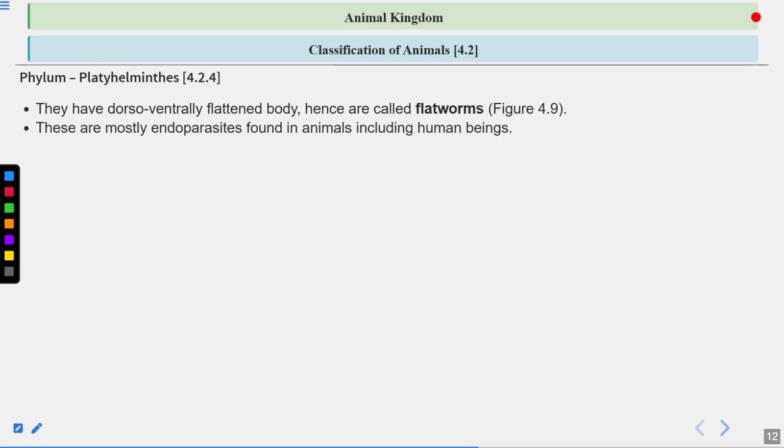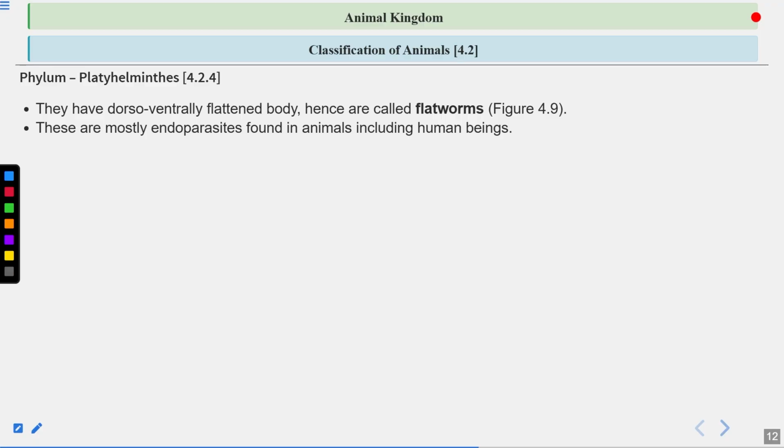These are mostly endoparasites. Most of the organisms from the Platyhelminthes are endoparasites. They are found inside the body of an organism, in animals, including human beings. So that is why they are called endoparasites.